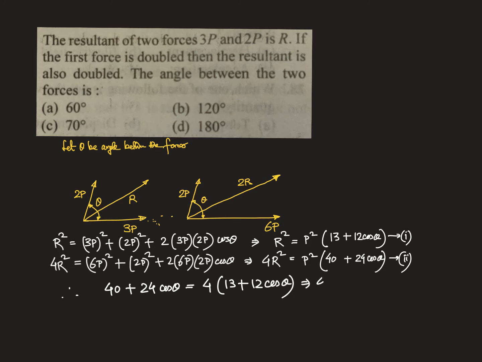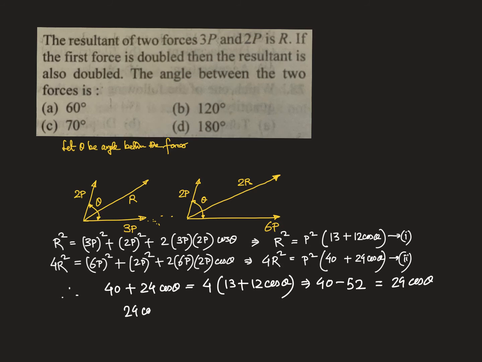So 40 minus 52 is equal to 48 minus 24, that is 24 cos theta.